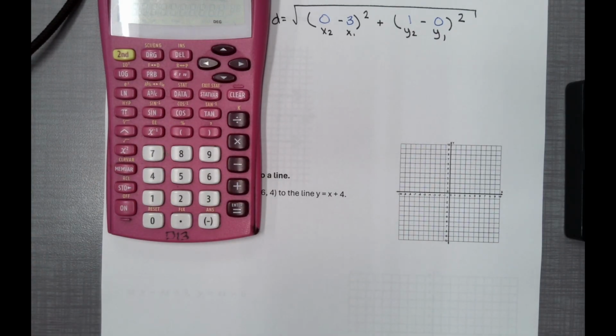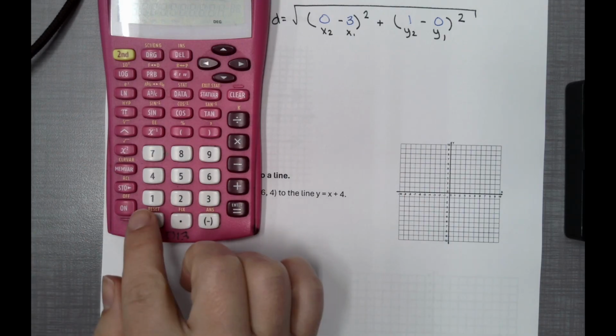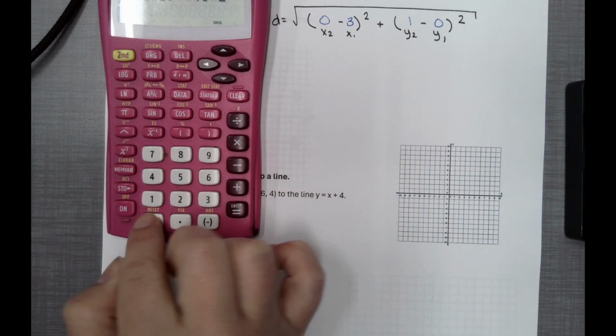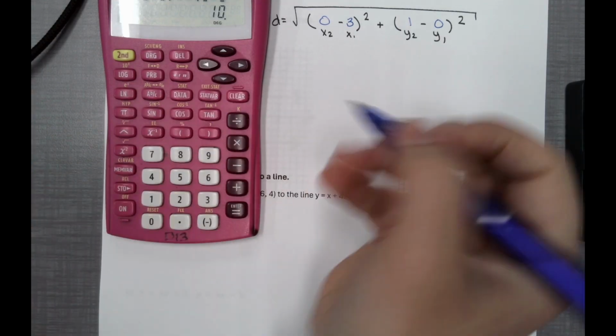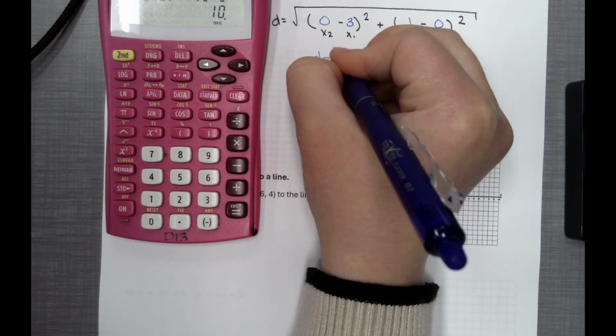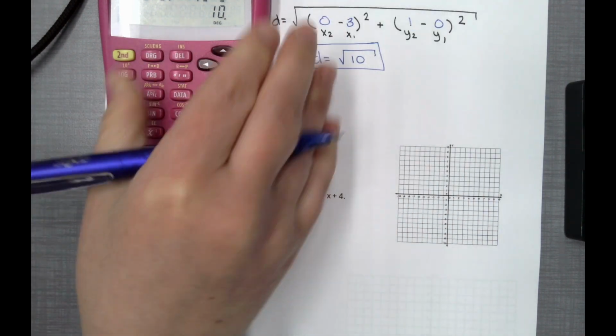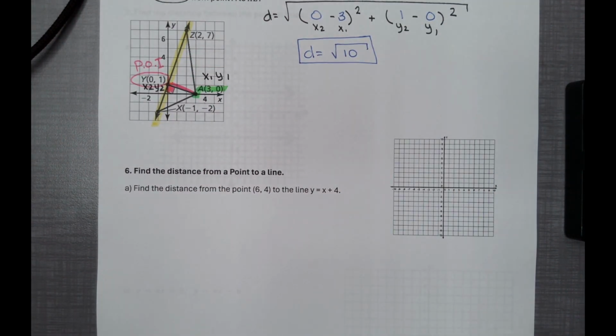Open. We got 0 minus 3. Close it, square it, plus open 1 minus 0, close it, square it. We get 10. Now again, 10 is one of those numbers that we can split up as 5 times 2, or 10 times 1, but either of them cannot be simplified, so your answer is just going to stay as the square root of 10.